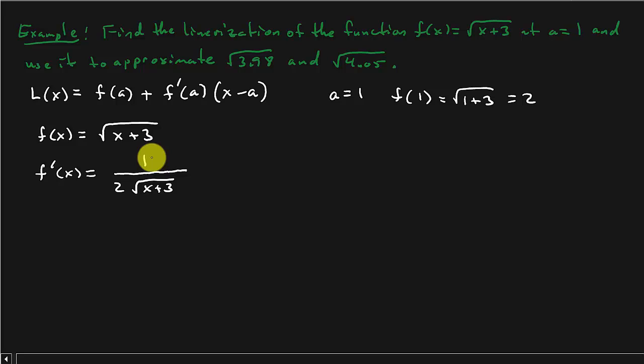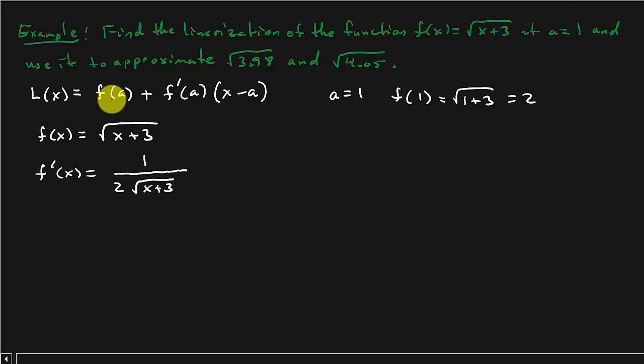If you didn't catch how to do that, you can rewrite f of x as x plus 3 to the 1/2 and use the chain rule. You can do that, but the shortcut is a lot easier. So just remember, 2 times the square root always goes in the denominator, and the derivative of whatever's underneath the square root goes in the numerator.